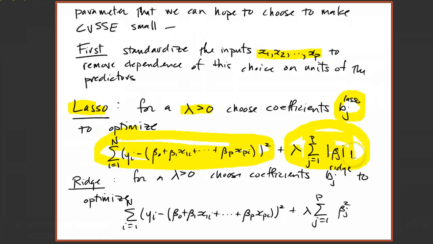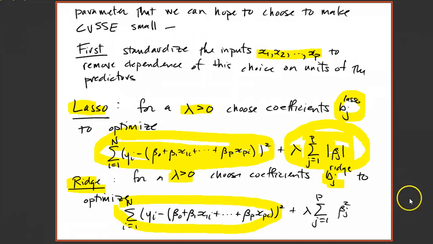That's the lasso version. There's a so-called ridge version that for a coefficient lambda, again bigger than 0, one chooses coefficients bj that optimize, again, here's your essentially the error sum of squares plus lambda times the sum not of the absolute values of the coefficients, but of the squares of the coefficients.